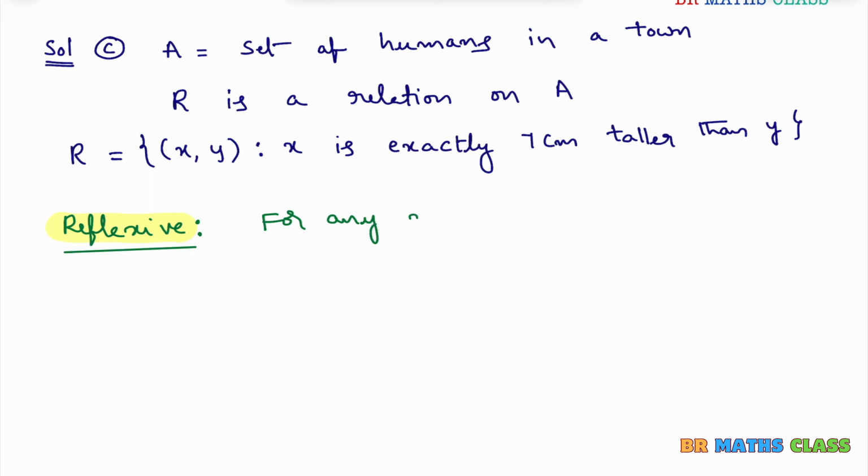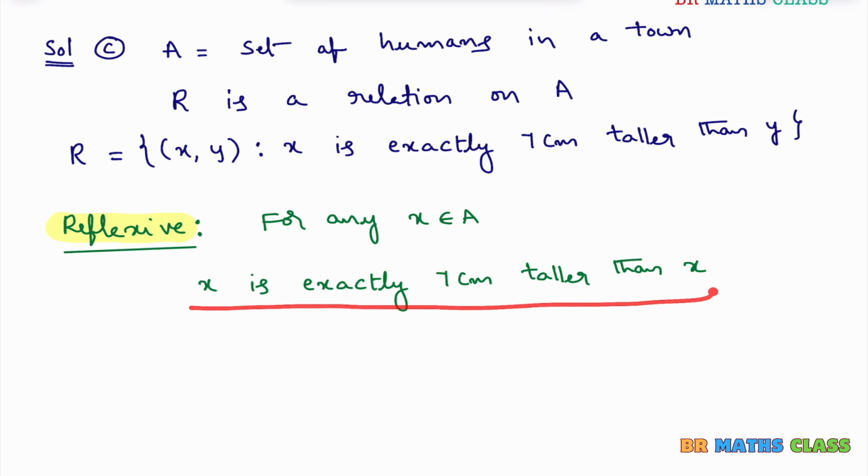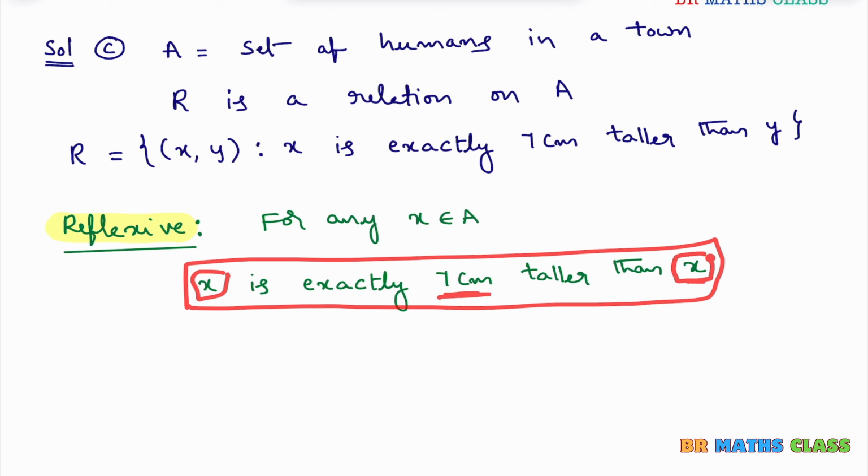For any x in set A, I have taken one x from this set A. A contains all human beings. You observe what I have written here: x is exactly 7 centimeters taller than x. x is one person, and here x is also the same person. Is it possible that one person is exactly 7 centimeters taller than the same person? Suppose you are a height of 5 feet.